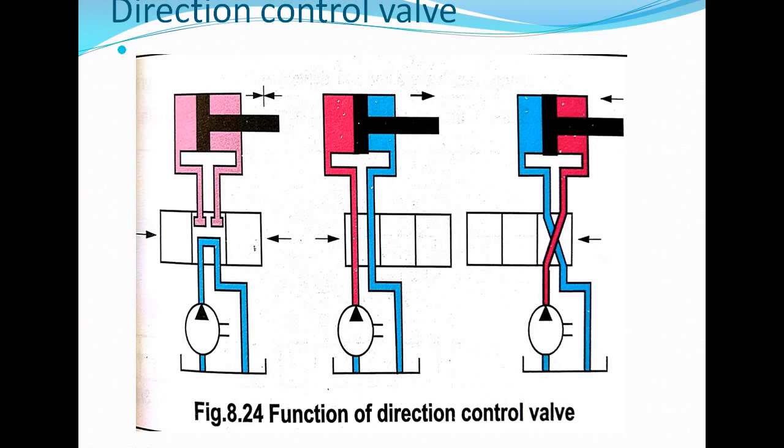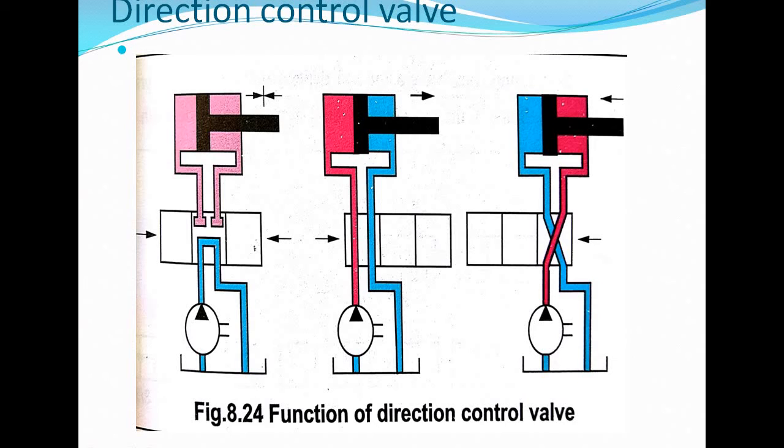If we change the position of the DC valve, we will have motion of the cylinder accordingly. Here the DC valve is at center position, so whatever oil is pumped is passed to the reservoir, so we will not have any motion forward or backward.